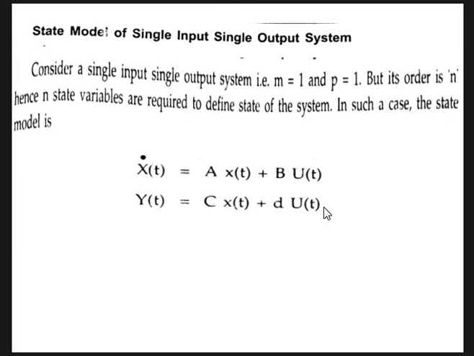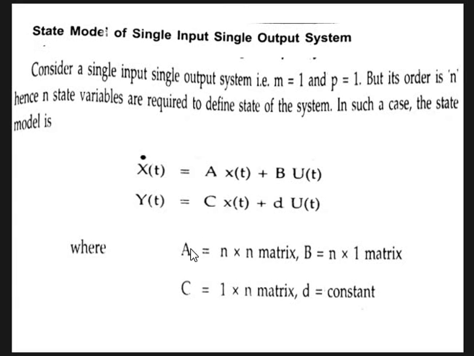Therefore, the equations are x dot of t is equal to A into x of t plus B into u of t, and y of t is equal to C into x of t plus D into u of t. There is no difference in this format, the only difference is the order of the matrices, where A is an n into n matrix, B is an n into 1 matrix, because m is equal to 1, C is a 1 into n matrix, and D is a constant matrix.